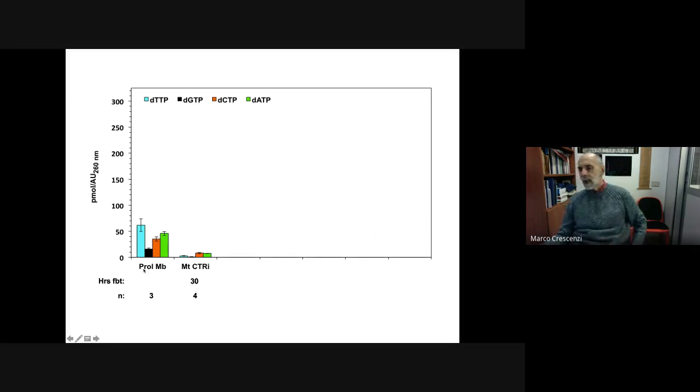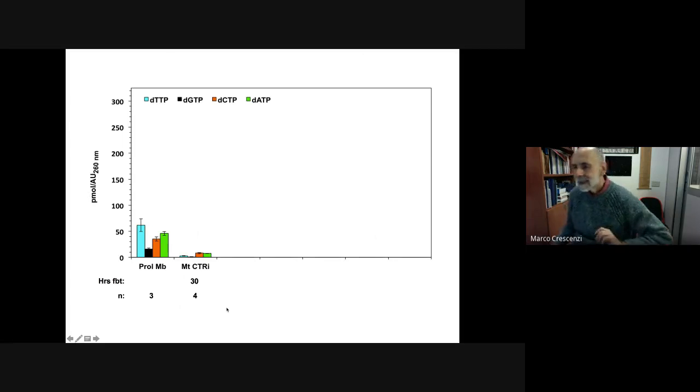You see, each one of the nucleotides has its own level. They are not present in equal levels, first of all, because they are not represented in equal levels in the DNA. Second, because they have other functions other than being the building blocks of DNA. And so their reciprocal levels are tightly regulated, and they always are in the same ratio with one another. So this is what a regular, proliferating nucleotide pool looks like. This is what it looks like in myotubes.